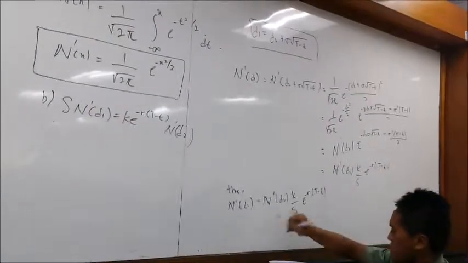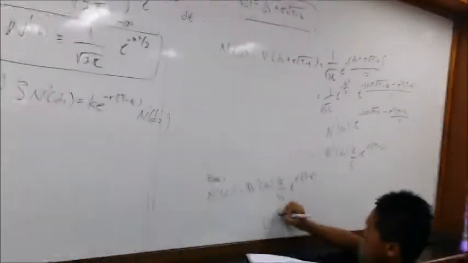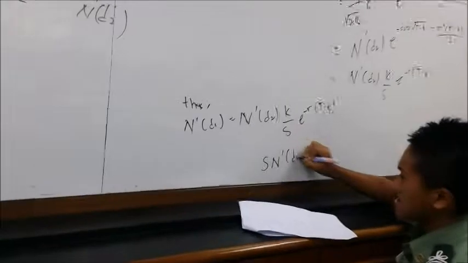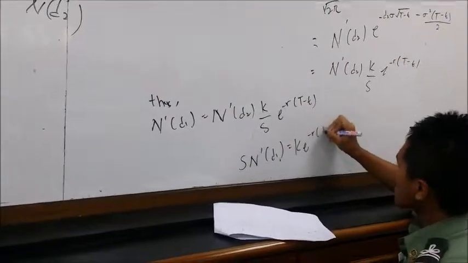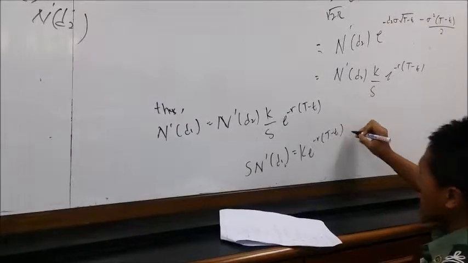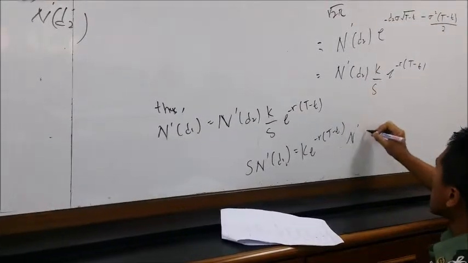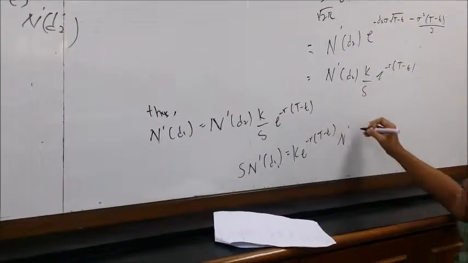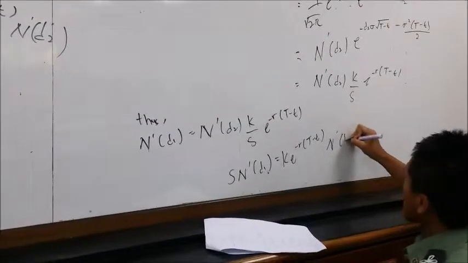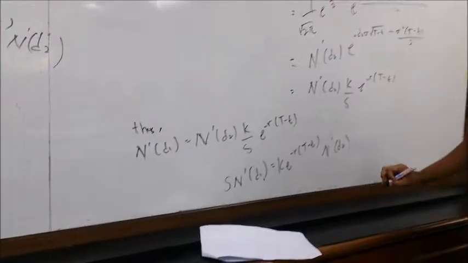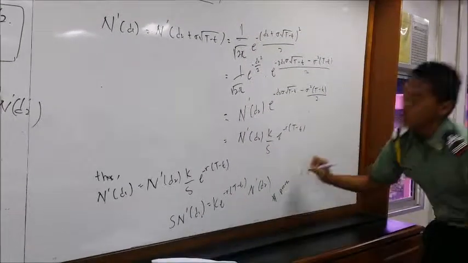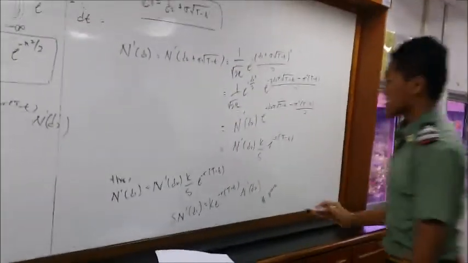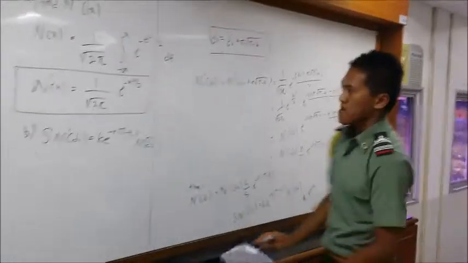We transfer S over there: S N prime d1 equals K e to the power of minus r(T minus t) N prime d2. So we have proven all of this, proven as the given question. So this is solved for number B.